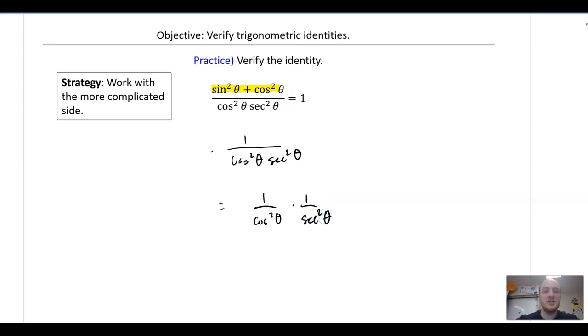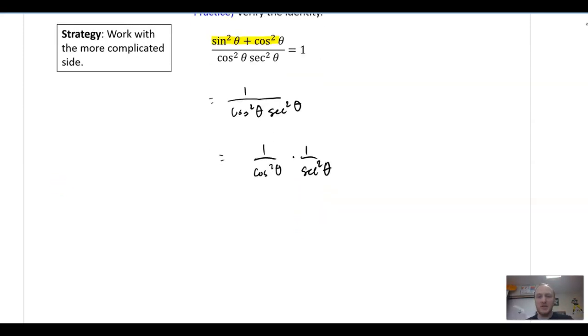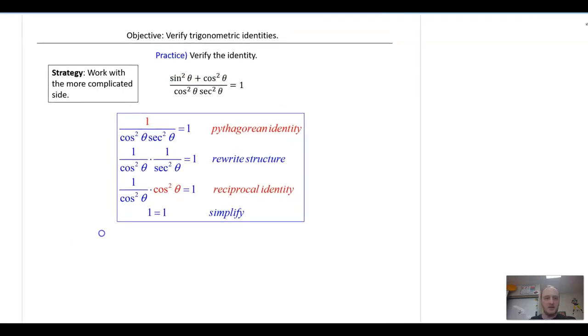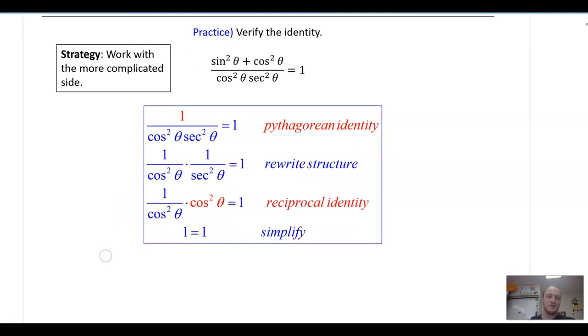So if you got stuck, pause the video. I want you to clean it up now. You should be able to easily do this. So hopefully you got this, right? 1 over secant squared is cosine squared theta.